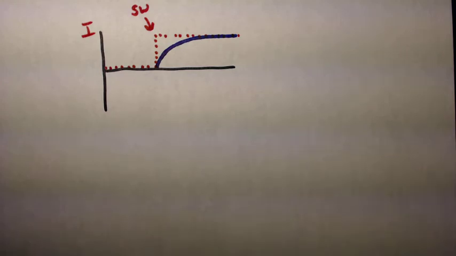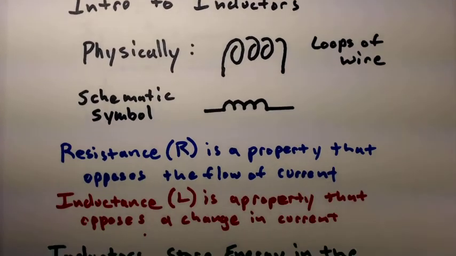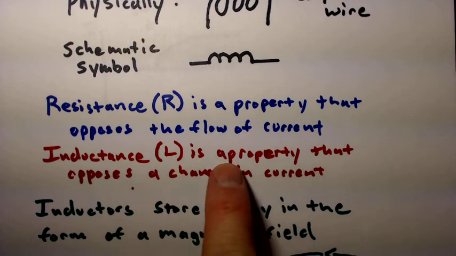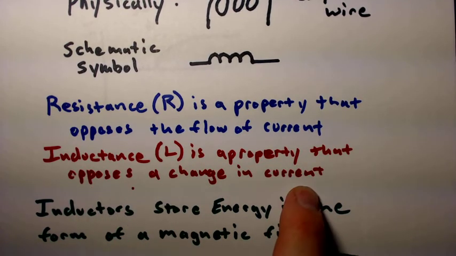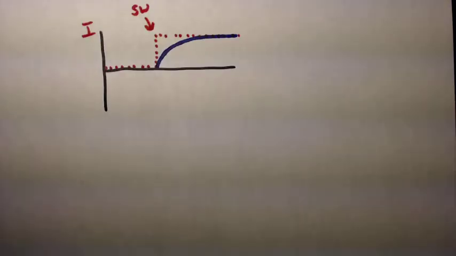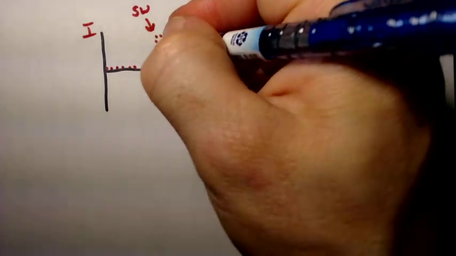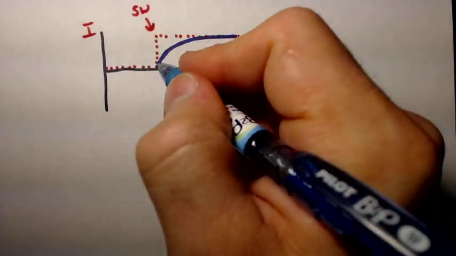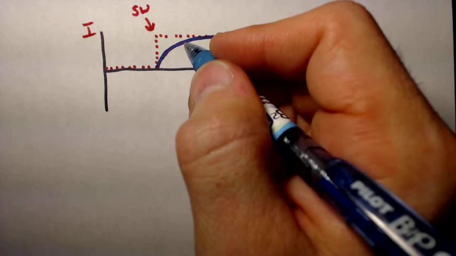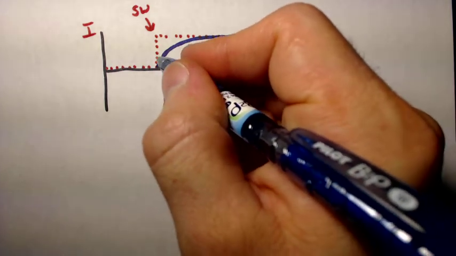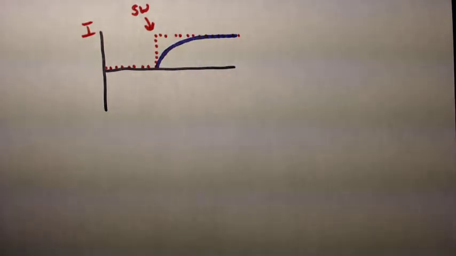This is why I made that previous statement. Inductance is a property that opposes a change in current, because it's only during this change in current that we see anything happening, that we see the non-instantaneous rise of current.